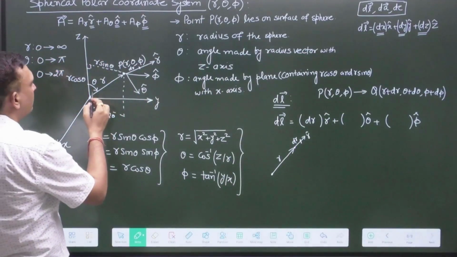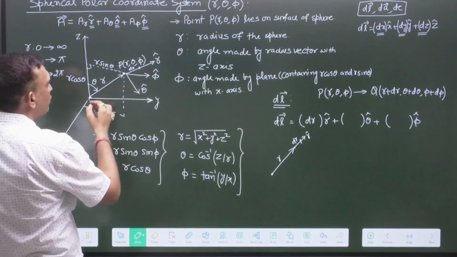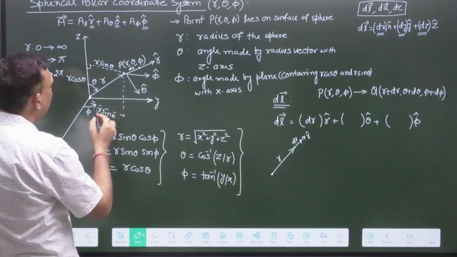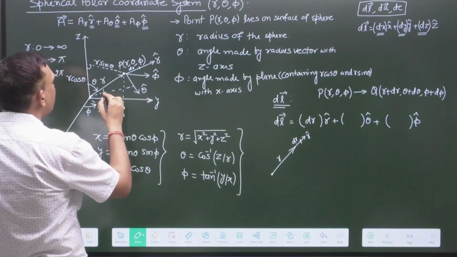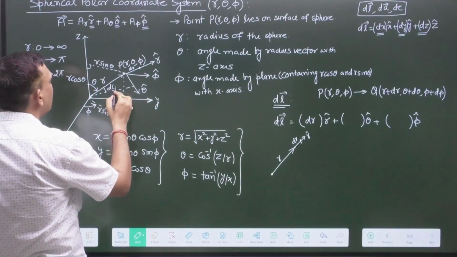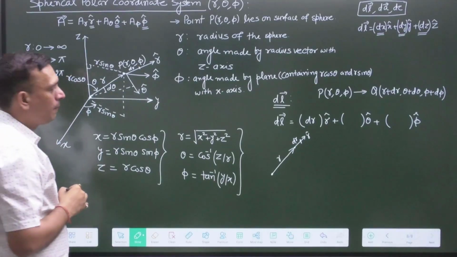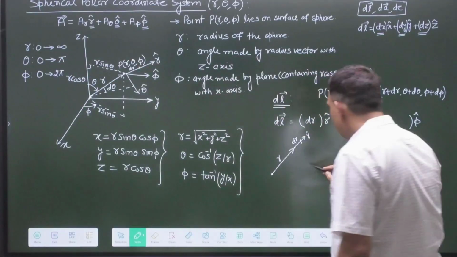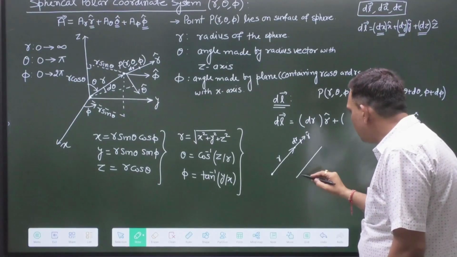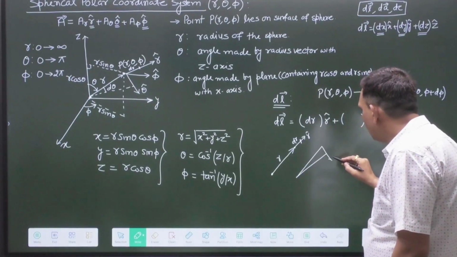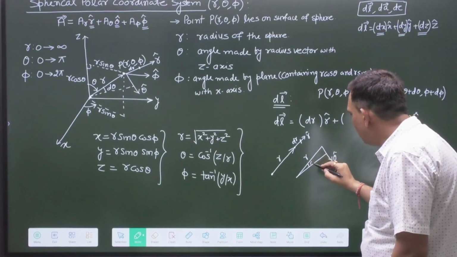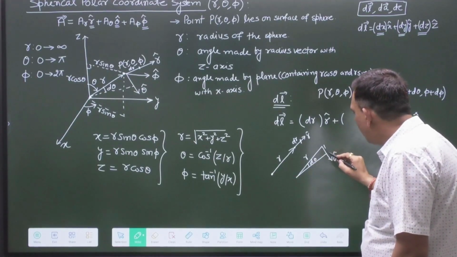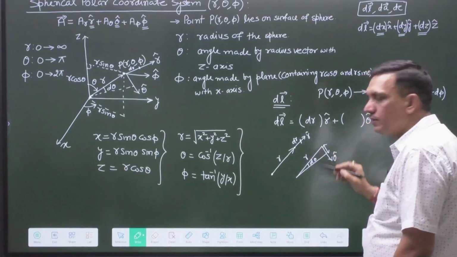Now see here, if theta changes to d theta, what will be the change along theta cap? So I am redrawing this. This is theta cap, this is r, and this is d theta. Angle is equal to arc by radius.